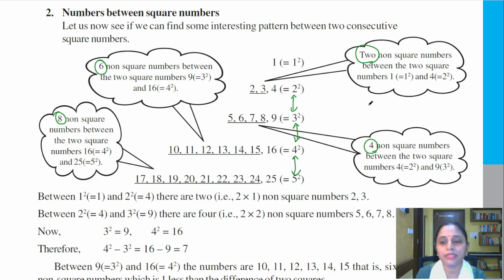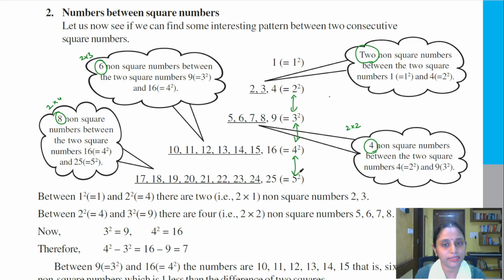Now if you look at these numbers 2, 4, 6, 8, clearly you can see that these are twice the first number. 2 times 1 is 2, 2 times 2 is 4, 2 times 3 is 6, 2 times 4 is 8, right? That means that between any two consecutive square numbers, you have twice the first base number, like 4 into 2, 8, as the number of non-square numbers that lie between 4 square and 5 square.